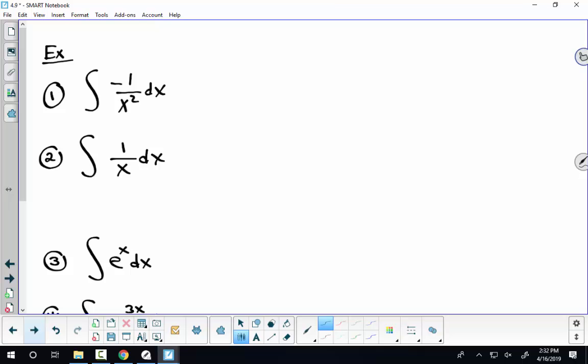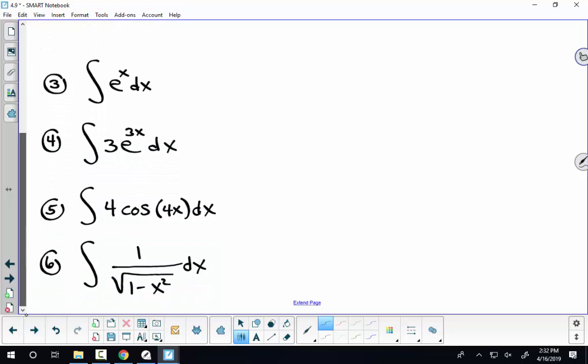Oh, we already did those. Yeah, we did most of those. This example 6, what's the antiderivative of that function? Inverse sine. Inverse sine, yeah. Inverse sine of x.